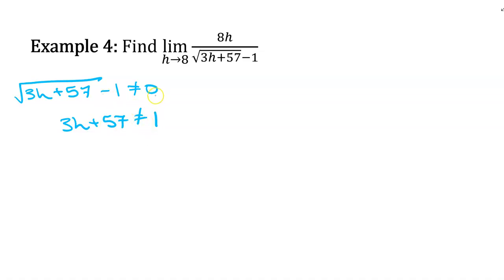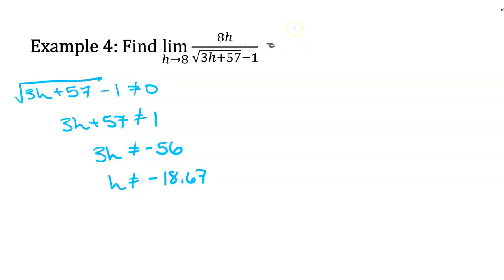Add 1 to both sides and then square both sides. 1 squared is still 1. So 3h does not equal minus 57. So that would be minus 56. So as long as h is not negative 18.67, then we are golden. And since the h we care about is 8, we're fine. We can use simple substitution, and we can find our limit.